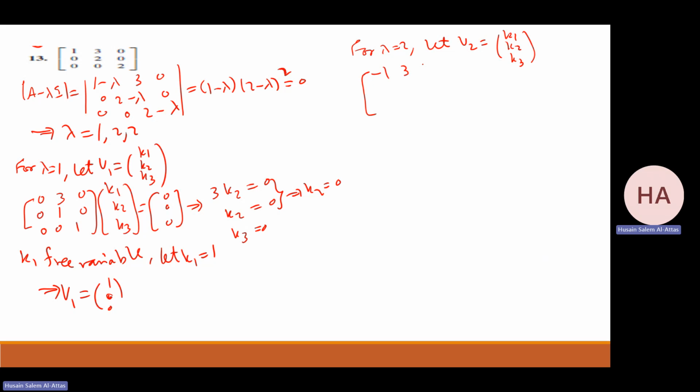That will be minus 1, 3, 0, 0, 0, 0, 0, 0, 0. We have minus K1 plus 3K2 equals 0. So K1 equals 3K2.